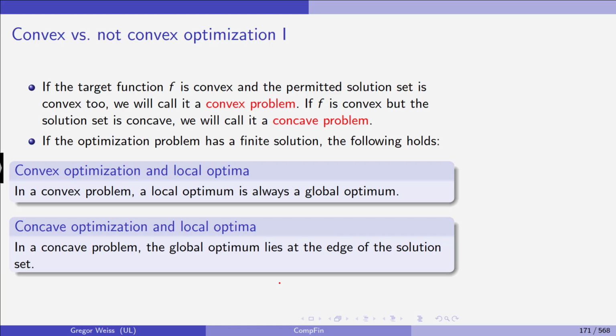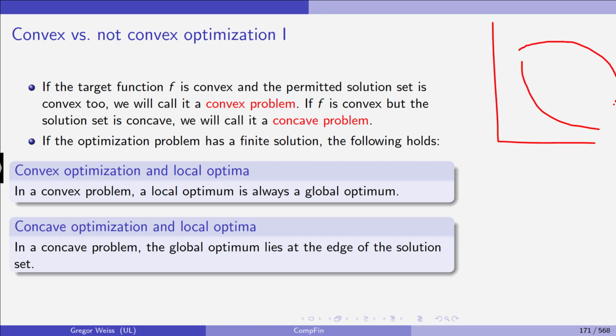Next, if the target function f is convex and the permitted solution set is convex too, we call this a convex problem. If f is convex but the solution set is concave, we call it a concave problem. What is convex, concave? If the function looks like this, it's convex.